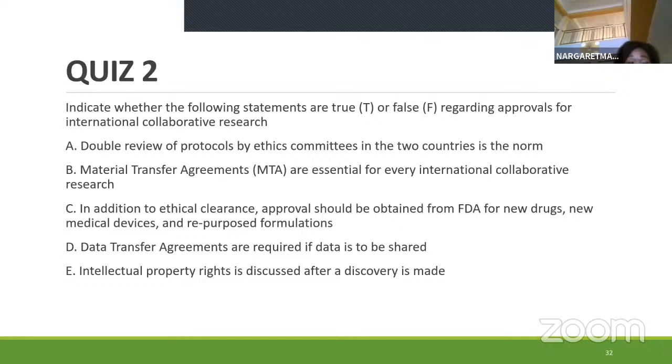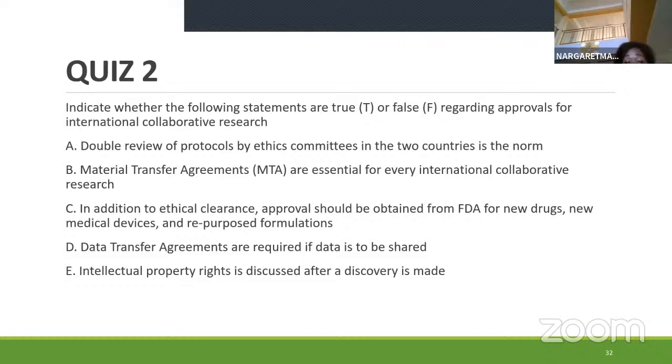Regarding approvals for international collaborative research. A, double review of protocols by ethics committee in the two countries is the norm. B, material transfer agreements are essential for every international collaborative research.